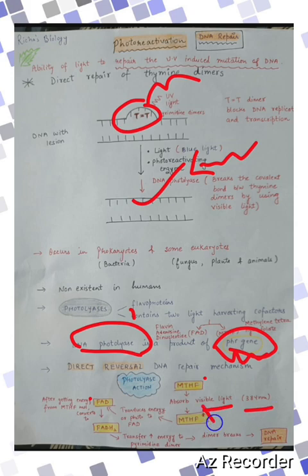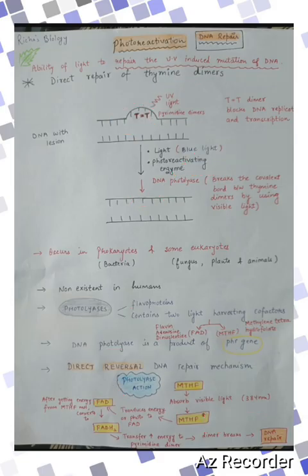You can see here this is the excited part. Now it will transfer its energy or photon to FAD. After getting energy from the MTHF molecule, FAD gets converted to FADH2. Now it transfers high energy to the pyrimidine dimer, and the dimer will break, and that is how the DNA is repaired.